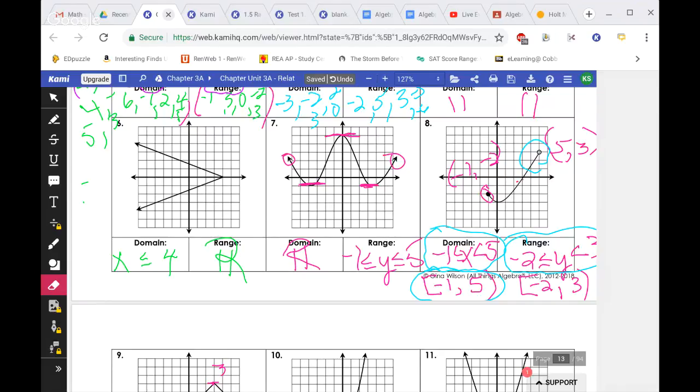Mm-hmm. Okay, good. Now on number 7, I have all real numbers for the domain, because just like on number 5, we've got these arrows on the end that are showing us what's going on from an east-west or left-right direction.